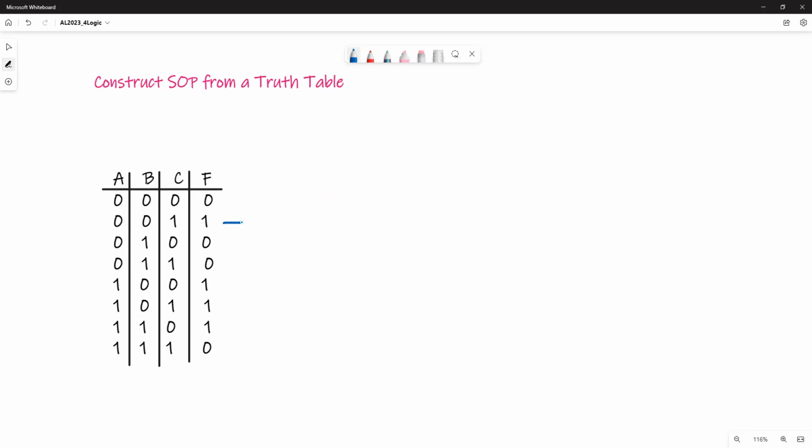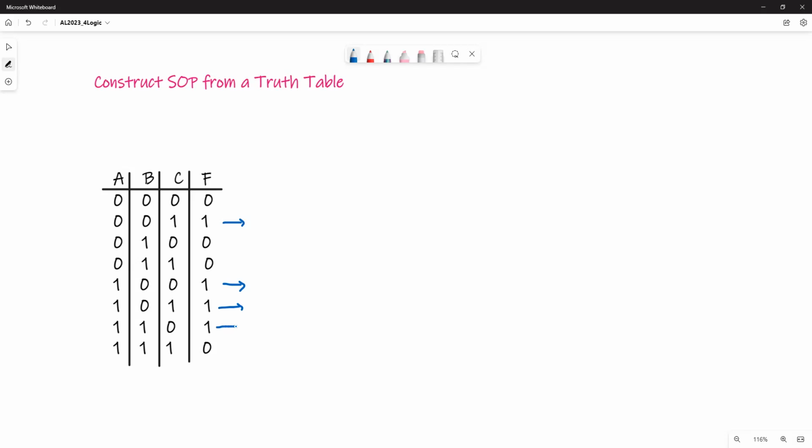We need to write down a term here. We have to have sum of products, so I'm going to look at products first. We'll make a product term for each of these ones.